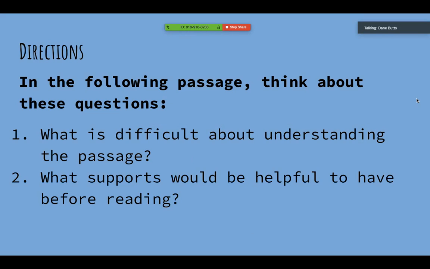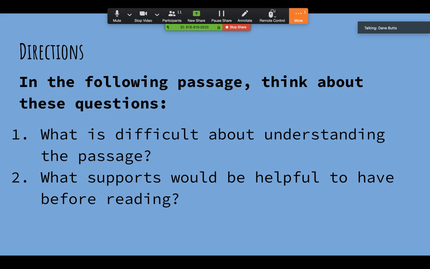So we're going to look at a reading passage, and as you read, I want you to think about the following questions. First, what's difficult about understanding the passage? And then what supports would be helpful for you to have before reading or during reading?